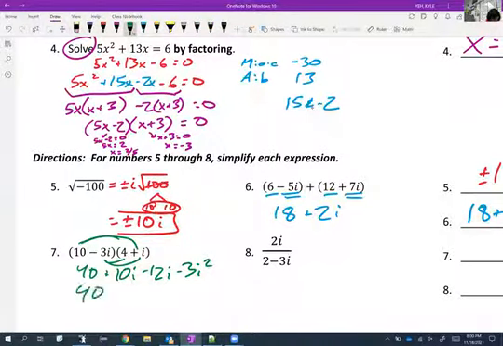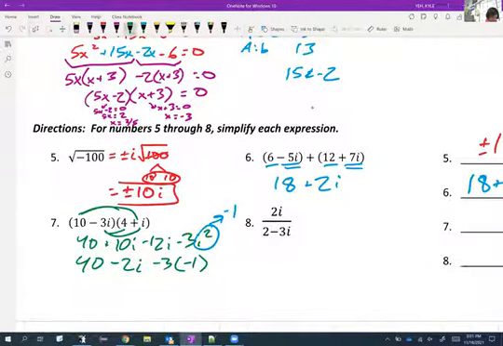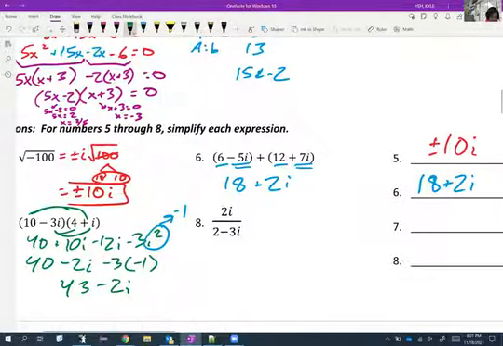So 40 minus 2i, if we combine those. And then remember that i squared is negative 1, right? We always want to simplify that. So we get minus 3 times negative 1, which is really a plus 3. 43 minus 2i.